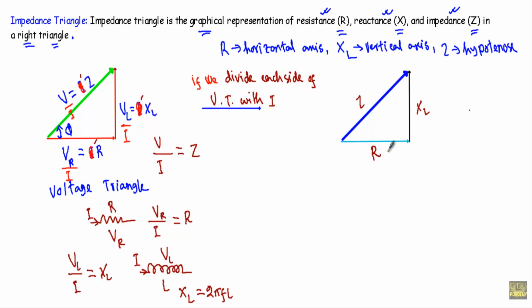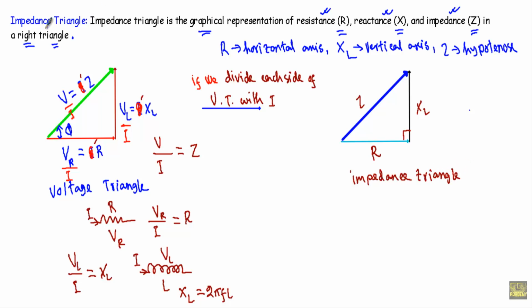In the horizontal axis I am representing the resistance R, in the vertical axis the inductive reactance XL, and in this axis, the hypotenuse, we will get the impedance. This will be a right triangle, and this is the graphical representation of resistance, reactance and impedance. So this will be our impedance diagram of the series RL circuit.